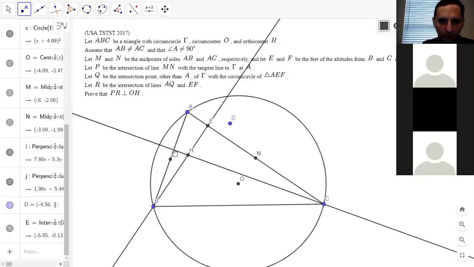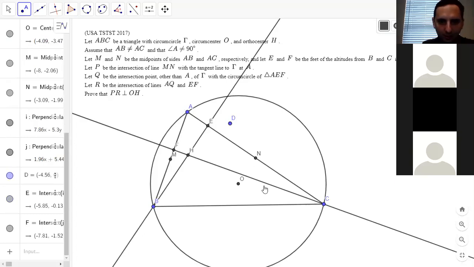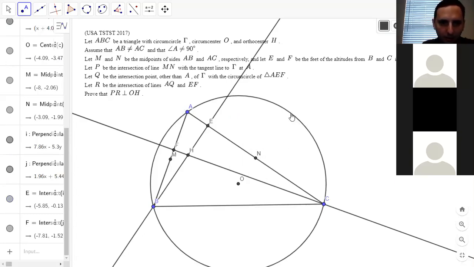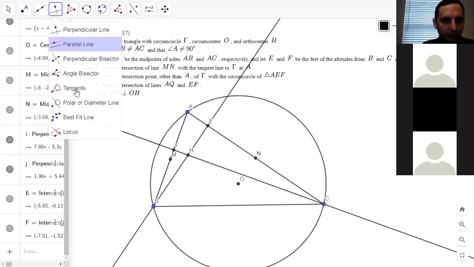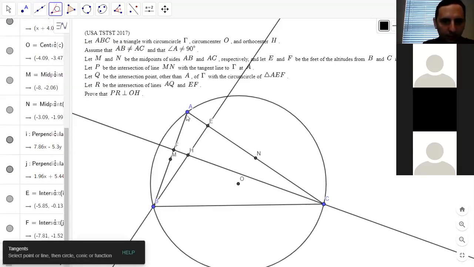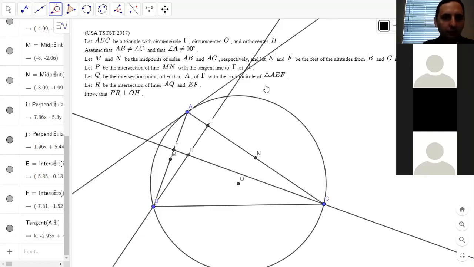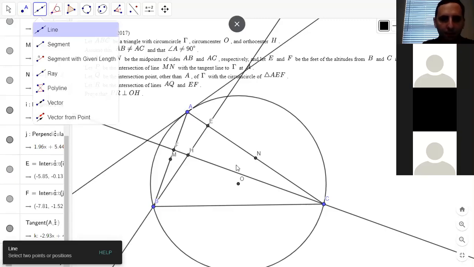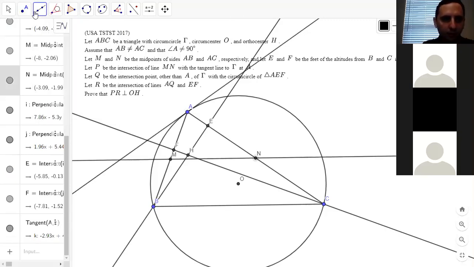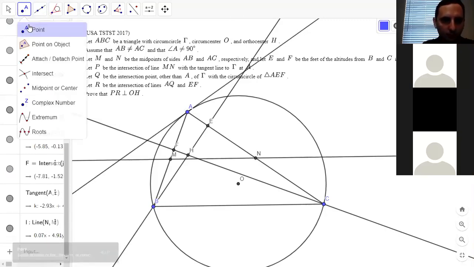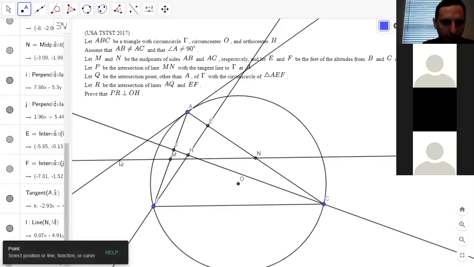Draw E and F and then delete D. P is the intersection of MN with the tangent line. I feel like I've seen a lot of problems like this, where you take the intersection of MN with the tangent line from A. And then there's lots of radical axis things going on. So P is this point.